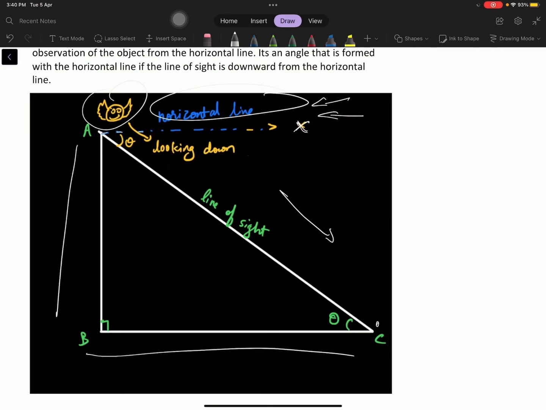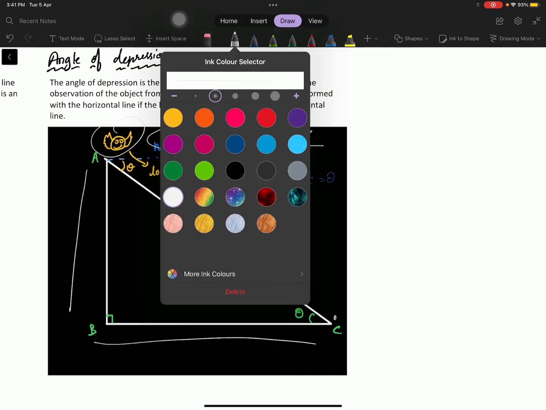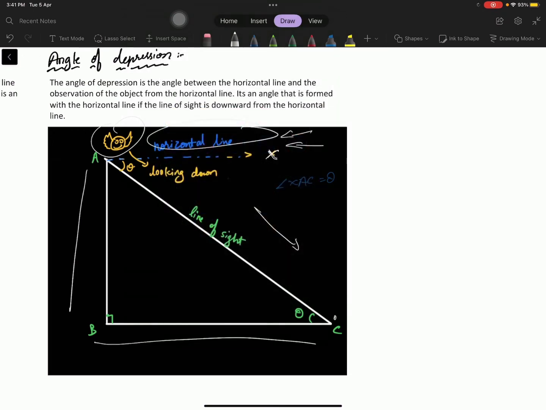So the angle of depression is the angle between the horizontal line and the line of sight, but you are looking down. This time it is downwards. So angle XAC is equal to theta this time.